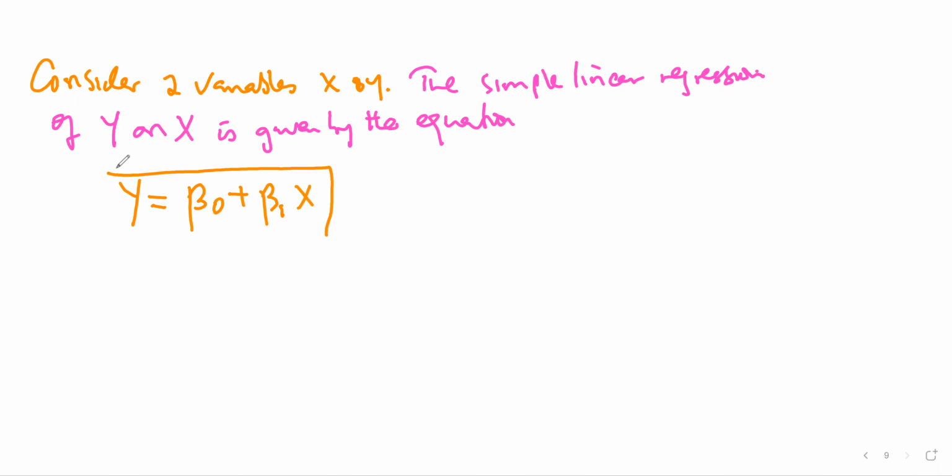So that is a simple linear regression equation of y on x. I know you remember equations of this format.